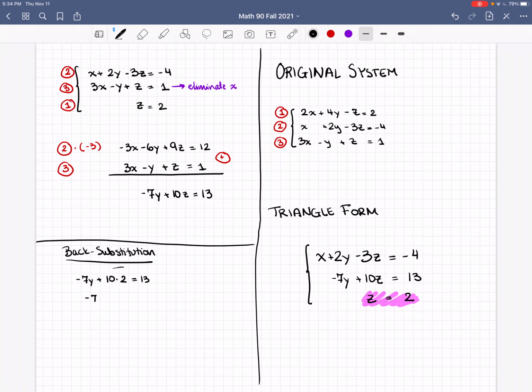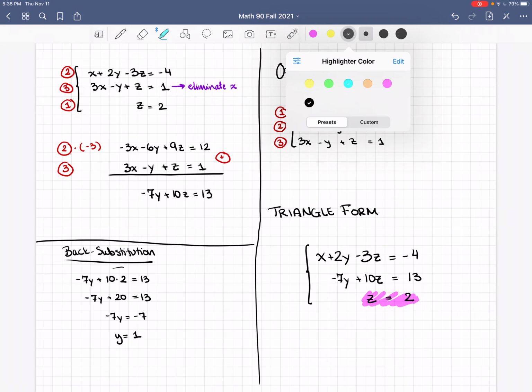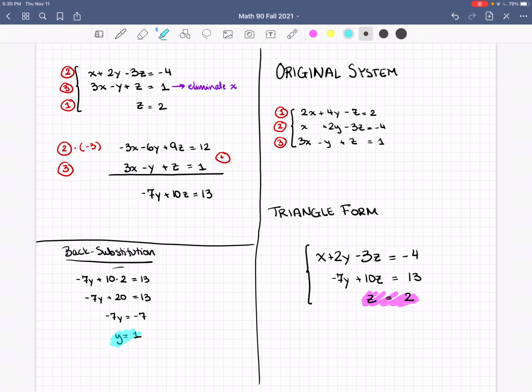So negative 7y plus 20 is equal to 13. Subtract 20 from both sides and you get negative 7y is equal to negative 7, and y is equal to 1. So now we have both z and y.